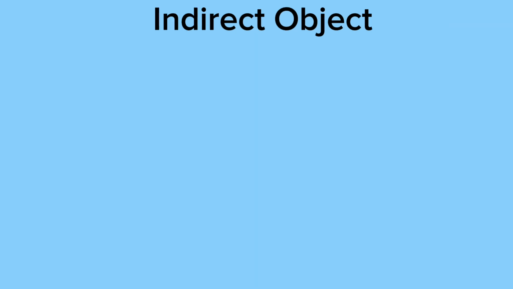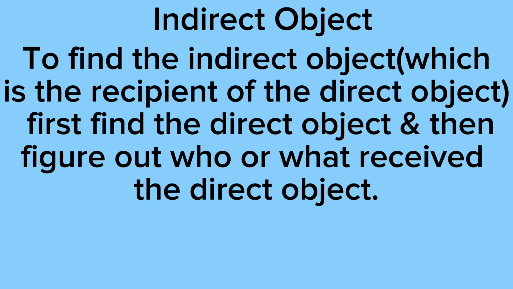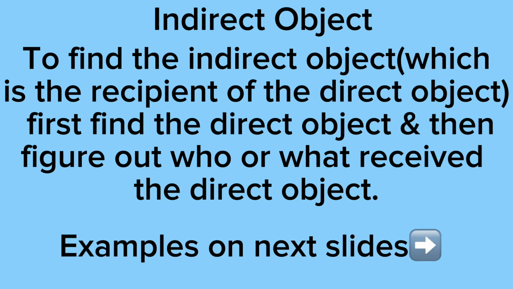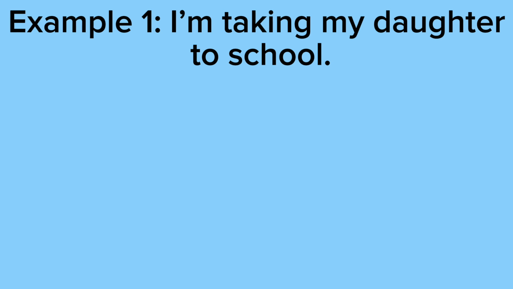Next, we have indirect objects. To find the indirect object, which is the recipient of the direct object, first find the direct object and then figure out who or what received the direct object. And there will be examples on the next slides. So our first example says, I'm taking my daughter to school.